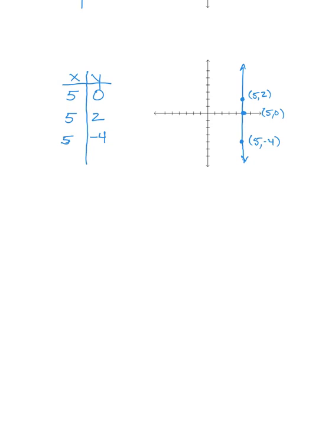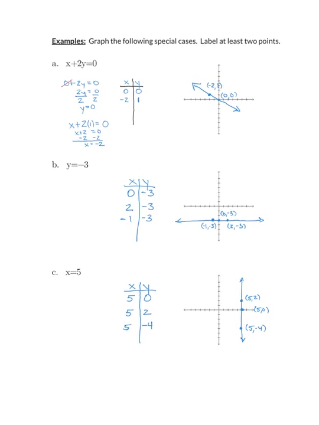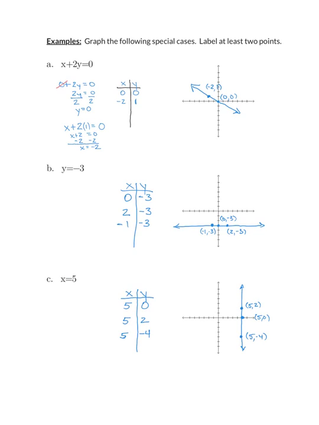Note here that vertical lines always have an x-intercept equal to whatever the number was. But note that this line will never go through the y-axis. And that's the one thing that all of these lines, these special cases, have in common, is that they only go through the axes at one location, where it's either the same point for the x and y-intercept, like in our first case.